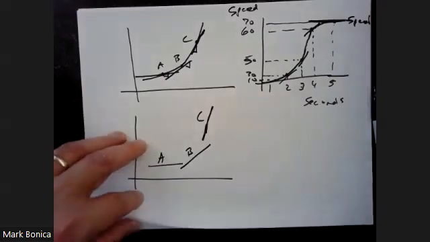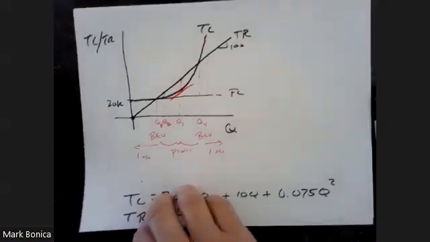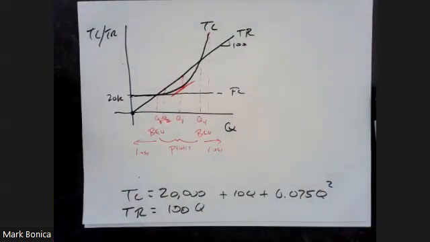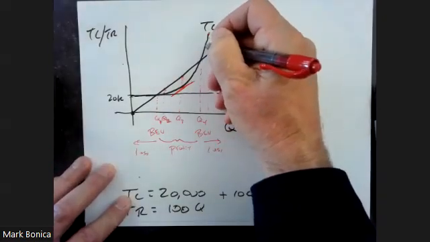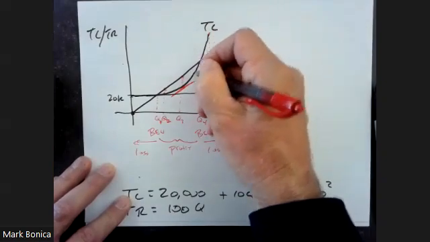But if we're talking about costs, the tangent of the total cost curve is the rate at which the cost is increasing. If I drew a tangent at a point, say here, it's hard to do because it's almost flat.